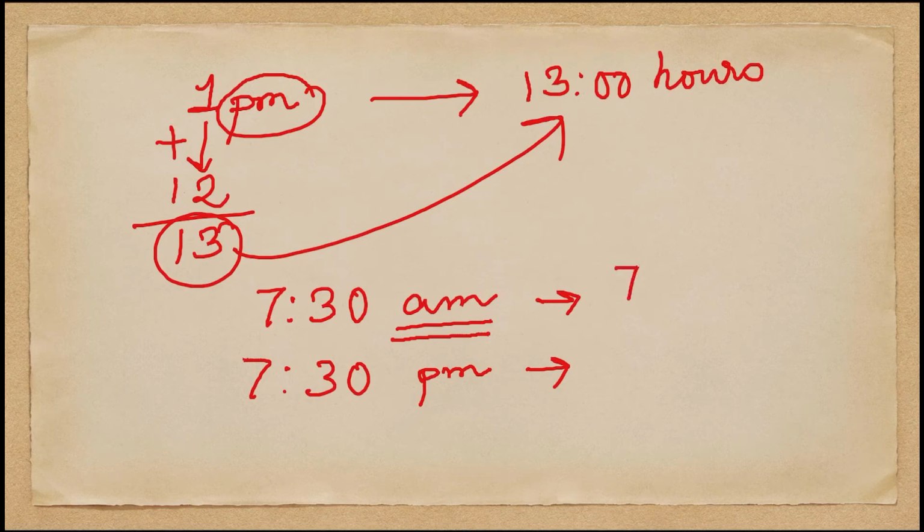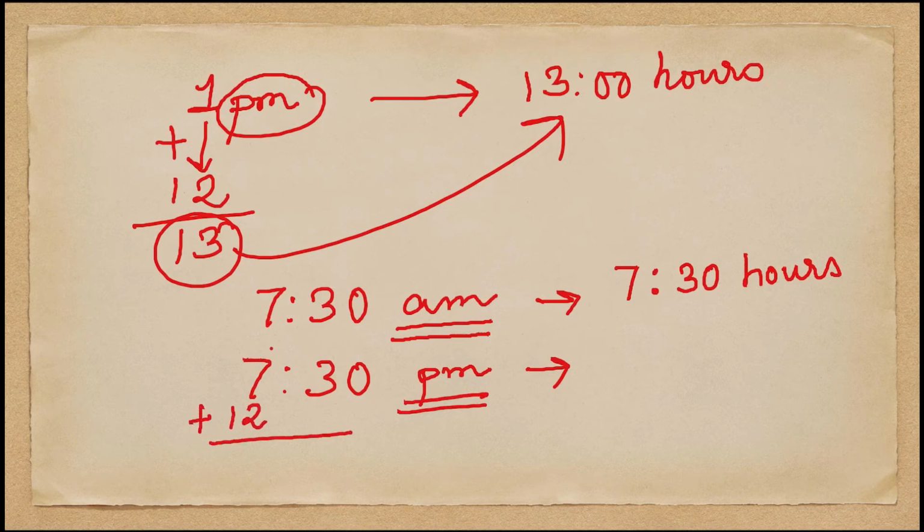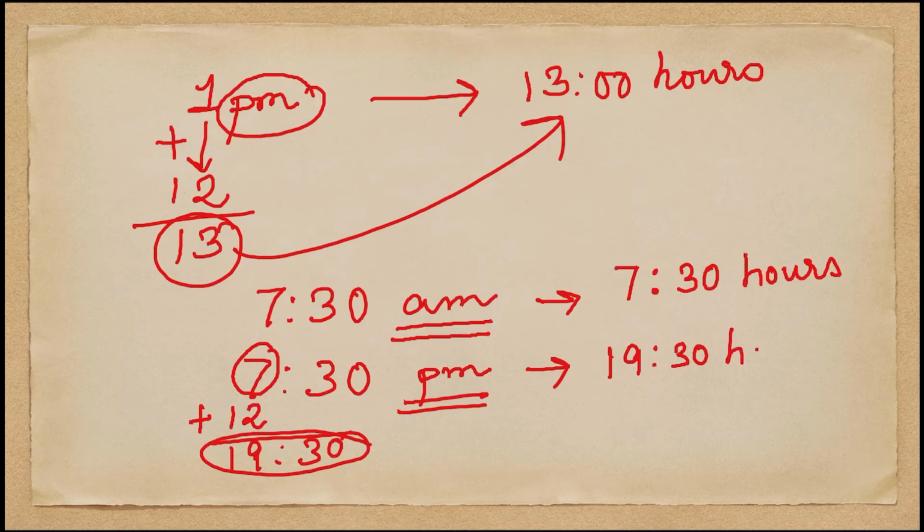We have to just write 7:30 hours. But when it comes to PM, we have to add 12 hours to this hour time. So it becomes 19:30. So in 24-hour system, it will be 19:30 hours.